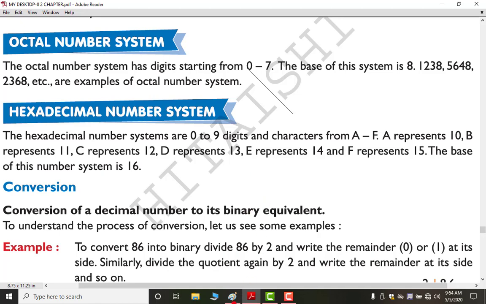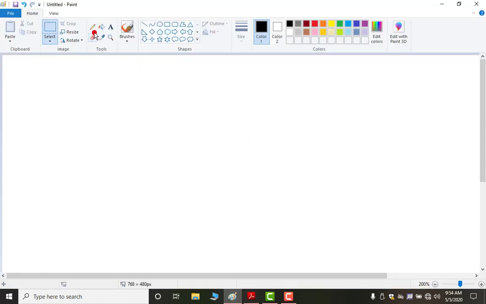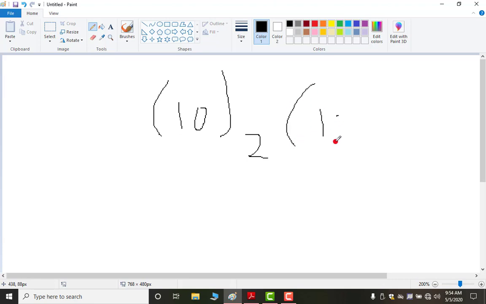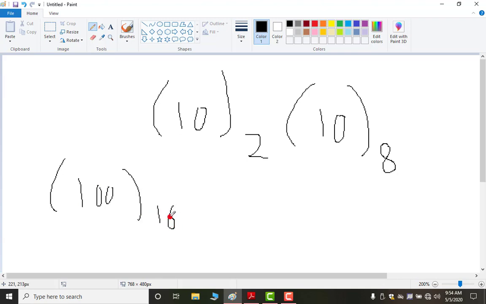Okay, if I tell you to write any number with base 2, you have to write it like this: 10 in brackets and its base is 2. If I say display any number that is an example of octal, you can write any number here and you have to write the base like this. If I say display any number that is an example of hexadecimal, you can write any number here and you can write the base like this.